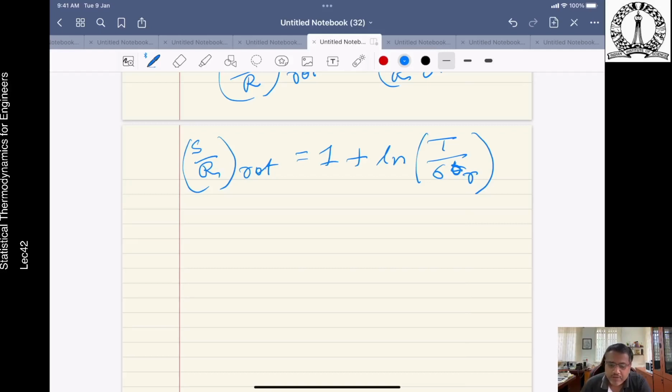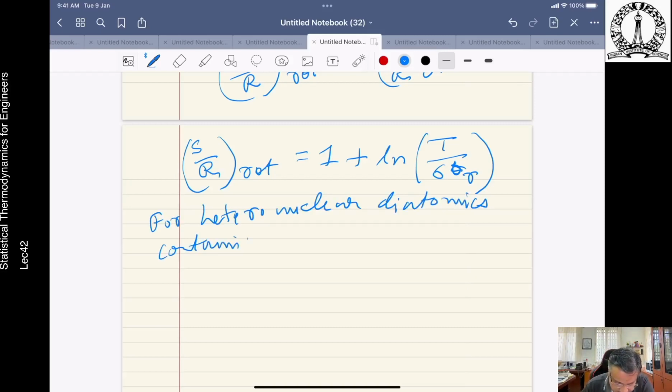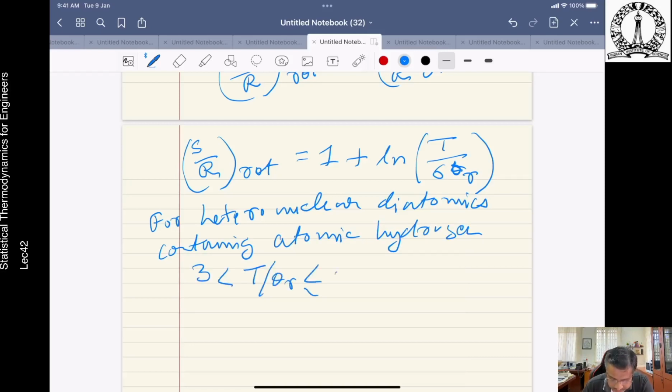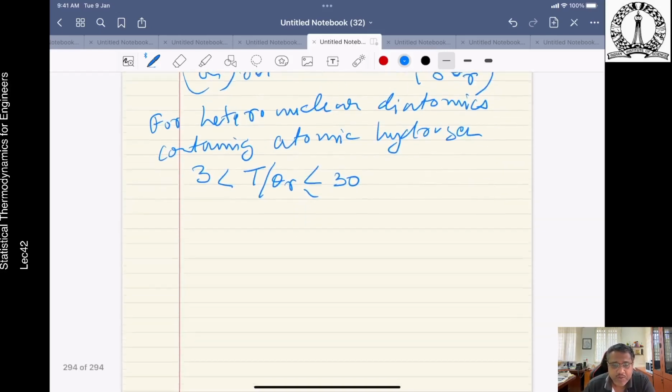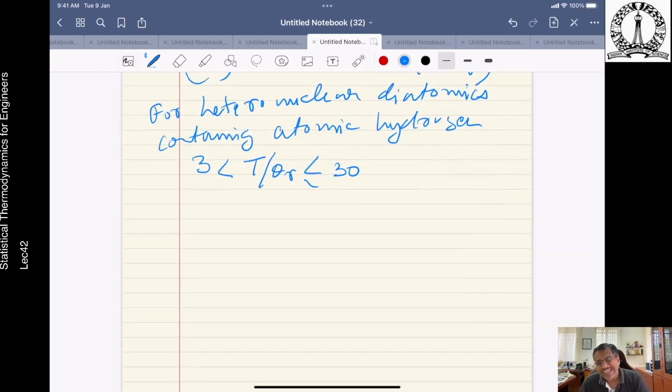Now for heteronuclear diatomics containing atomic hydrogen, T by theta r is something like this, which requires that we use the expansion.